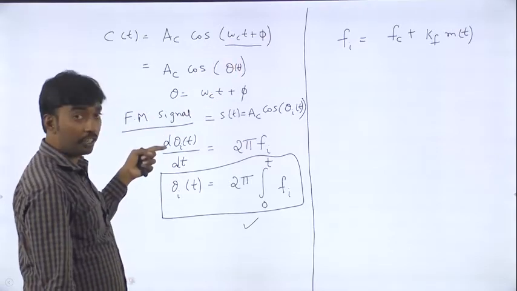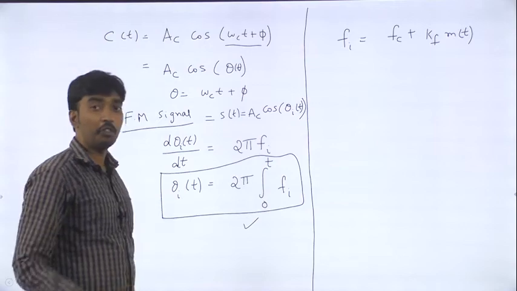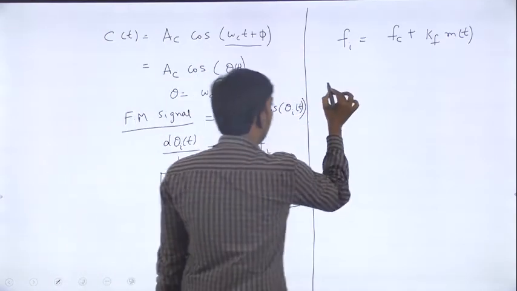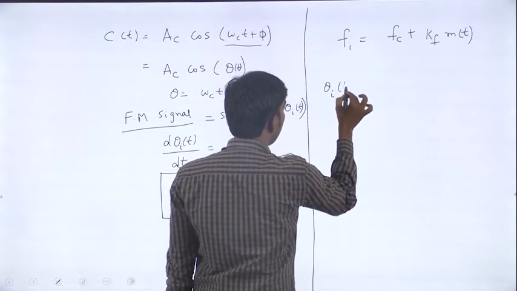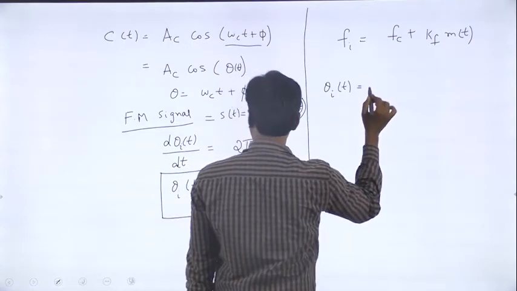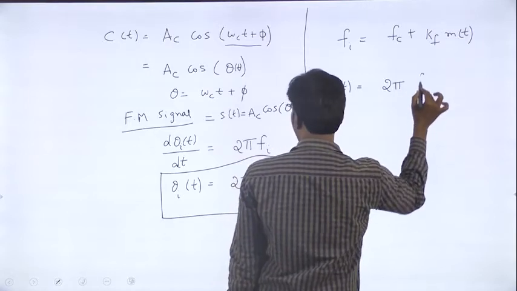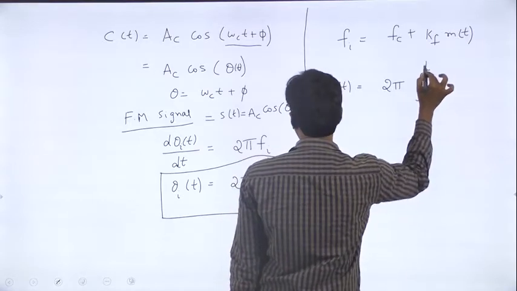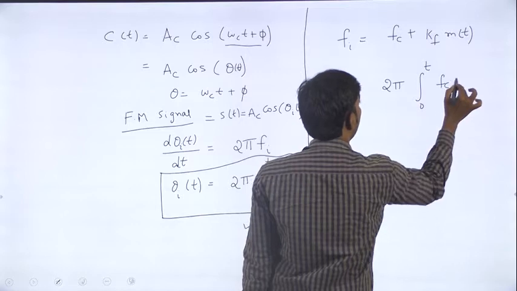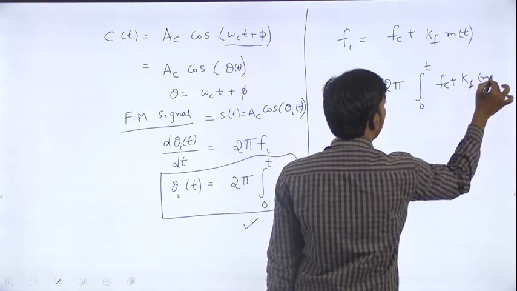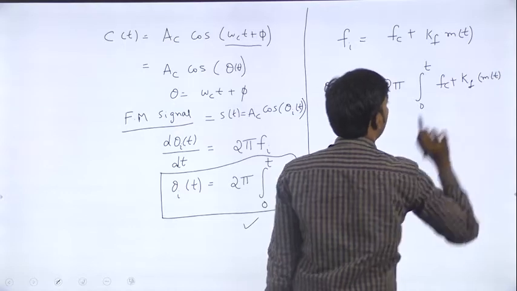That's what I have done. I have differentiated, and I'm going to get the frequency modulated signal. Now I'm substituting that in this. So theta i of t is equal to 2 pi into the integral from 0 to t of Fc plus Kf into m of t.